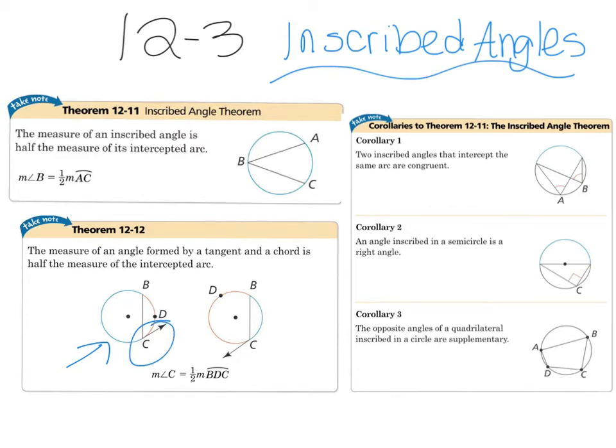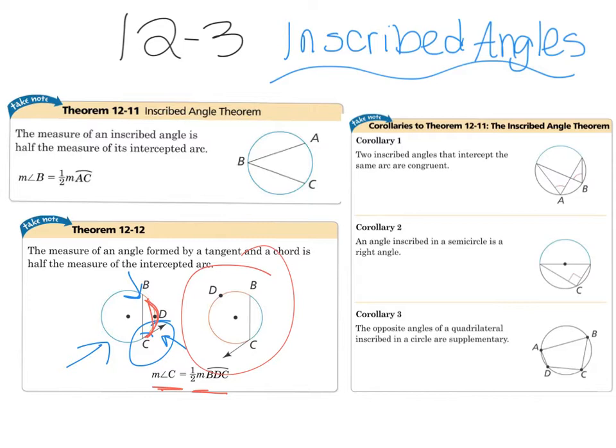The angle here is created by a chord and a tangent line, and its measure is half the measure of the intercepted arc. The intercepted arc is this red arc right here. So the measure of angle C is 1/2 the measure of arc BDC. Same thing on this one too.